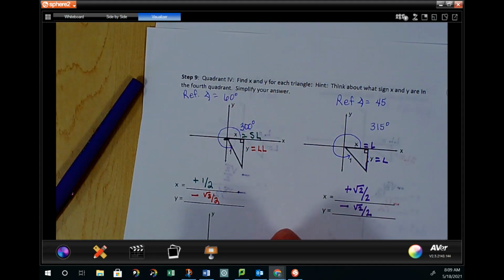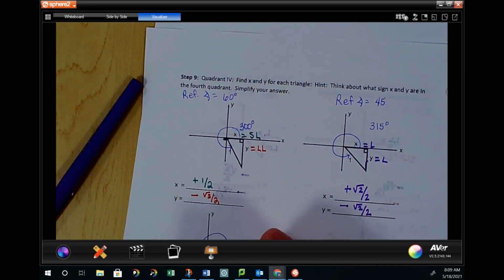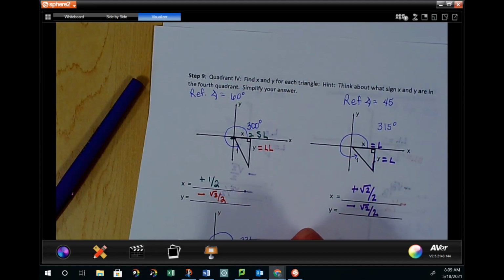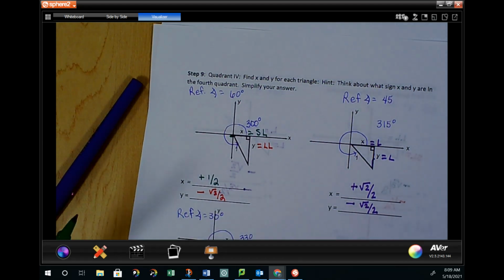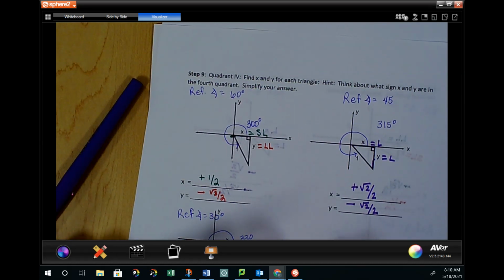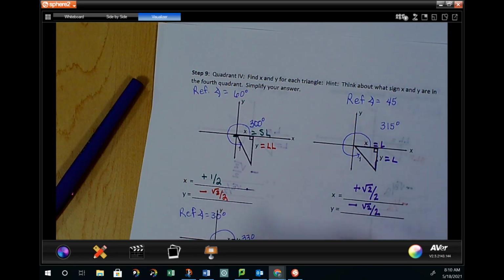And then on this one, I'm going to go all the way over. So I have 330 degrees. My reference angle is 30 degrees. So this right here is going to be your short leg. And this right here is going to be your long leg.